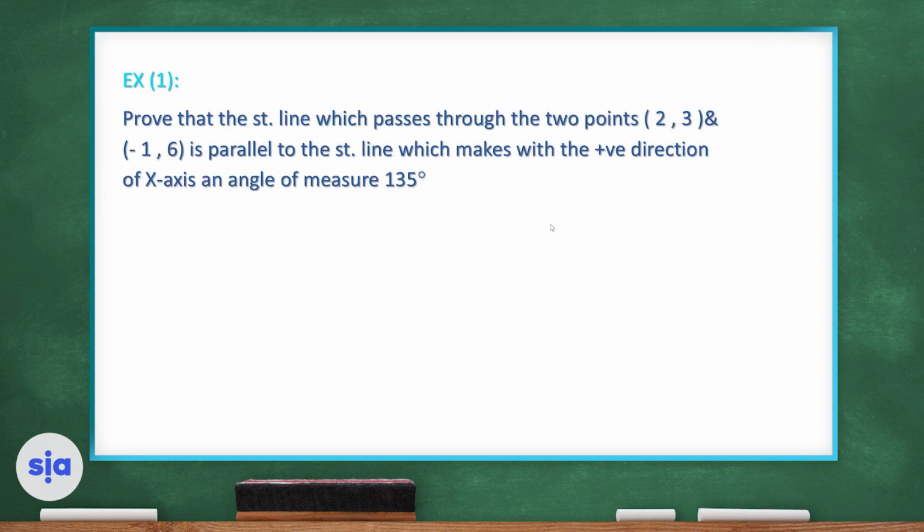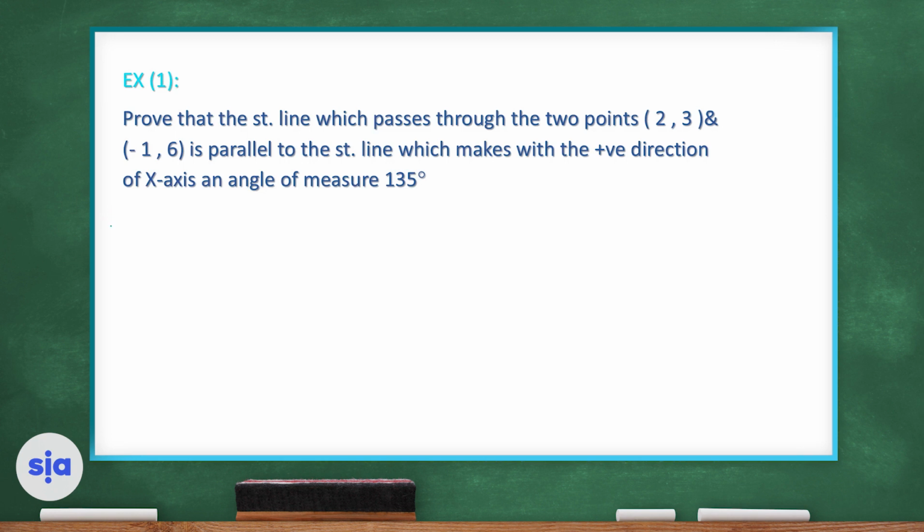Let's now move on to example 1. The question says, prove that the straight line which passes through the 2 points (2, 3) and (-1, 6) is parallel to the straight line which makes with the positive direction of the x-axis an angle of measure 135 degrees.